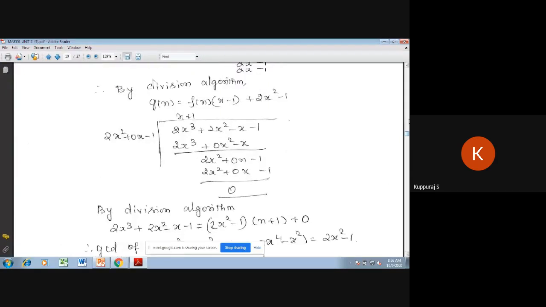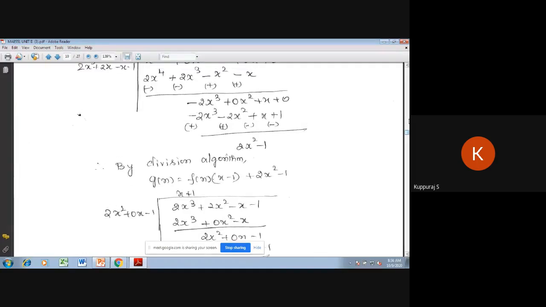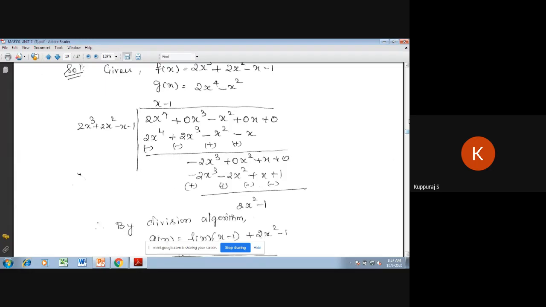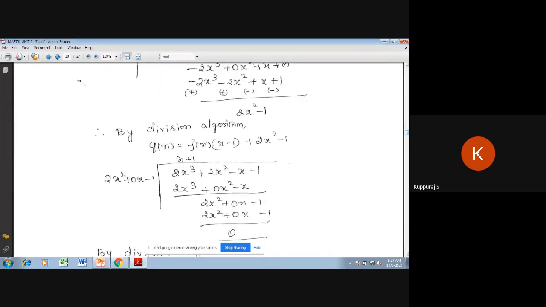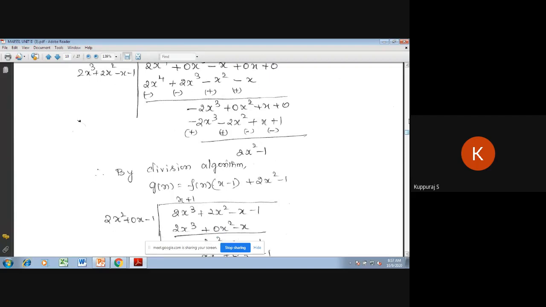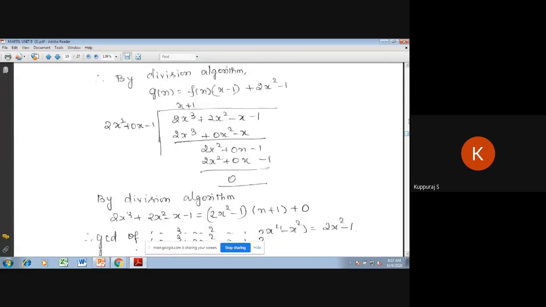Since initially 2x power 4 minus x square can be written as x minus 1 into 2x cube plus 2x square minus x minus 1, plus the remainder 2x square minus 1. Again, the divisor becomes the dividend, which means 2x cube plus 2x square minus x minus 1 becomes the dividend, and the remainder 2x square minus 1 becomes the new divisor. At that time, you get the remainder 0.